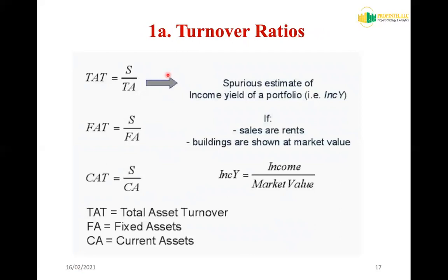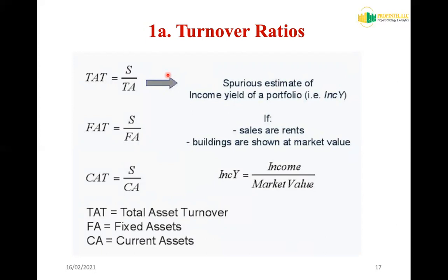The second category of financial ratios I want us to look at is what we refer to as the turnover ratios. Now, the turnover ratios measure the value of a company's sales or revenues relative to the value of its assets. The asset turnover ratio can be used as an indicator of the efficiency with which a company is using its assets to generate revenue.